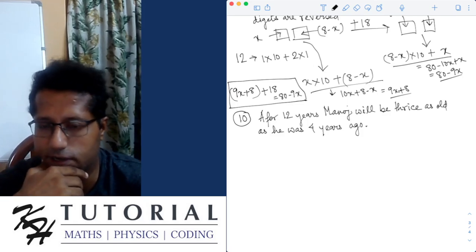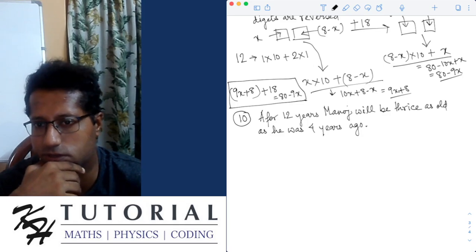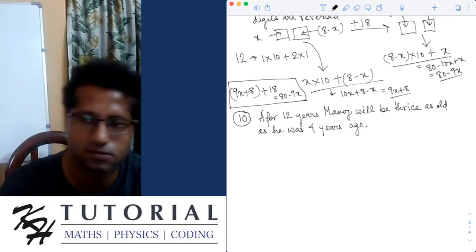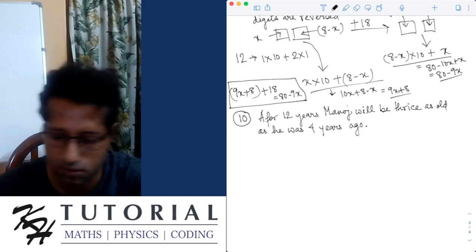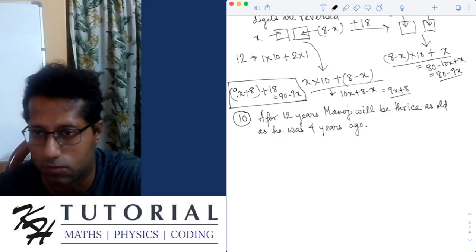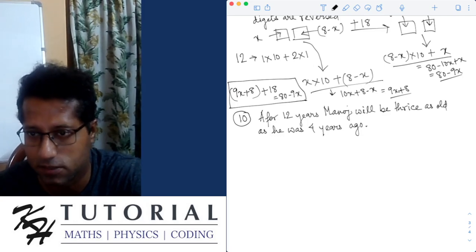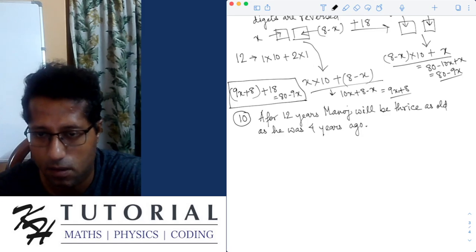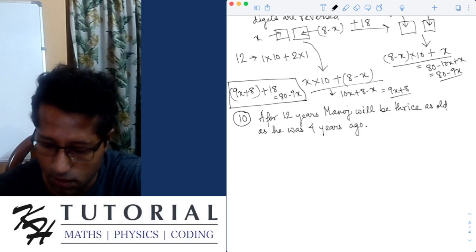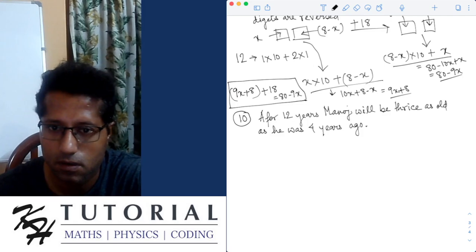You can consider anything you like, but it's always a good practice and better choice to consider the present age in this kind of problem, word problems related to age. It's always preferable to assume the present age as the unknown.